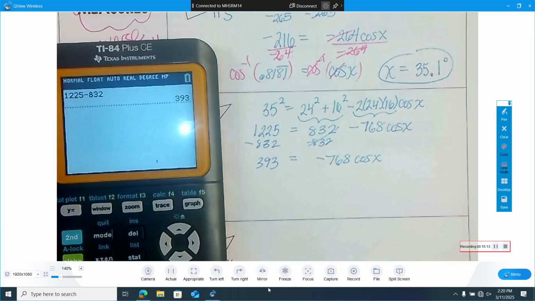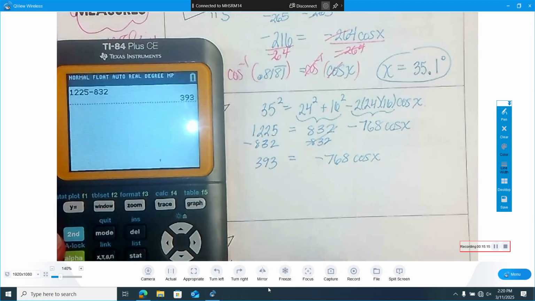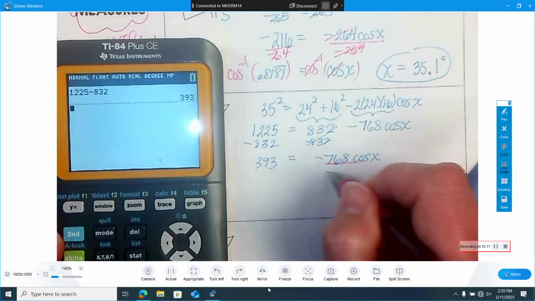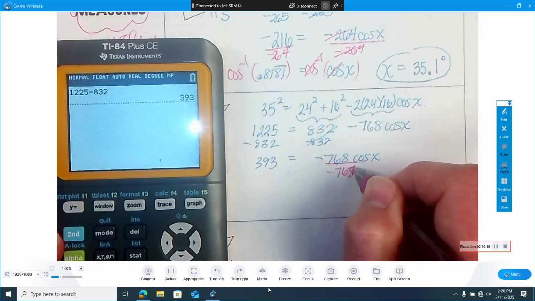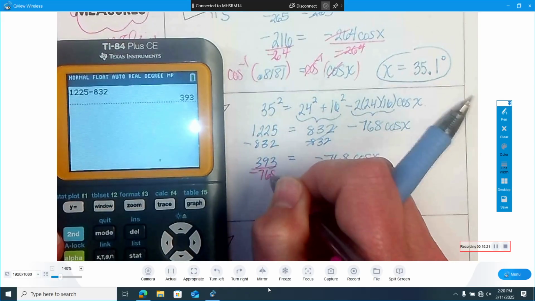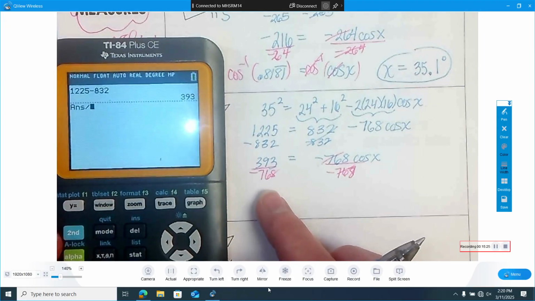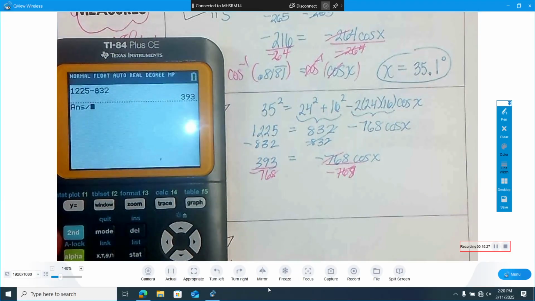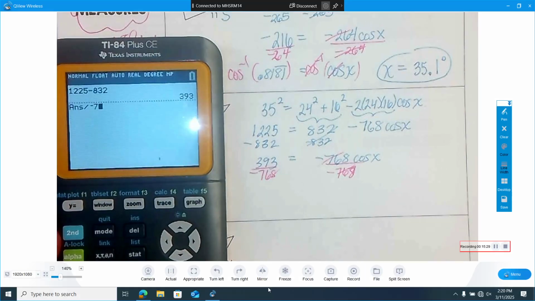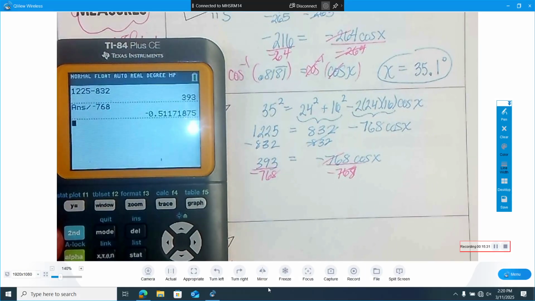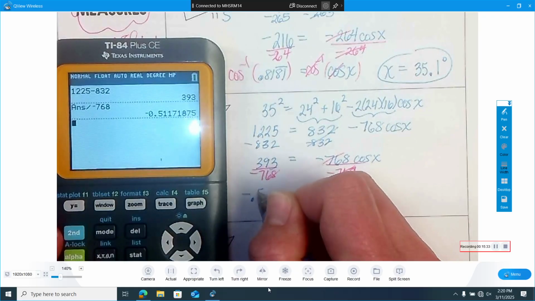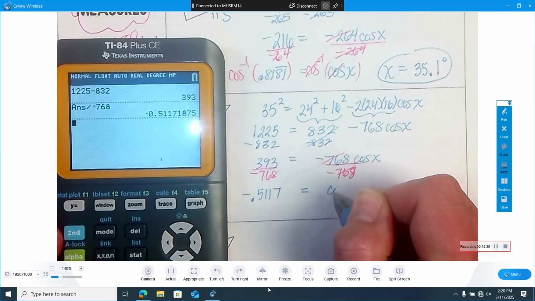Then what do we do? Divide by negative 768. What I've been finding all day long is that with dividing by negatives, you just drop a negative, so you have to be very, very careful. So we get negative 0.5117 equals the cosine of x.